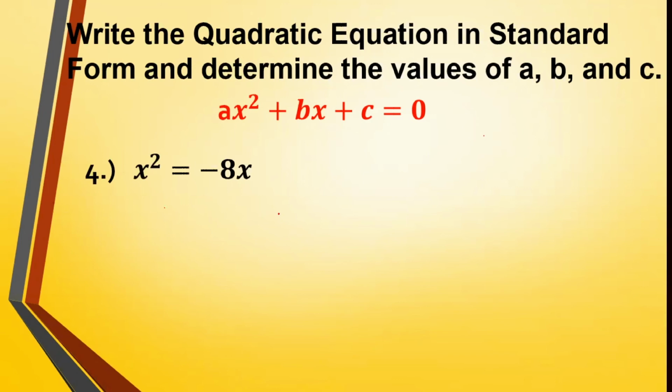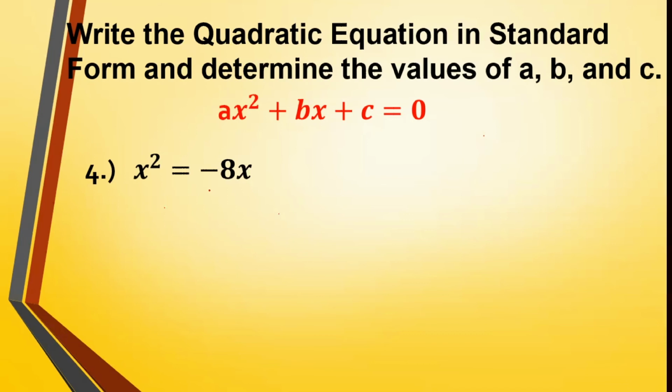Okay? So, obviously po, hindi po siya standard form, di ba? So, to make it a standard form po, ano po gagawin natin? Transpose ulit po. Yan. We have to transpose -8 to the other side because ano nga po yung after ng equals na number sa standard form? 0 po. O 0 po dapat.